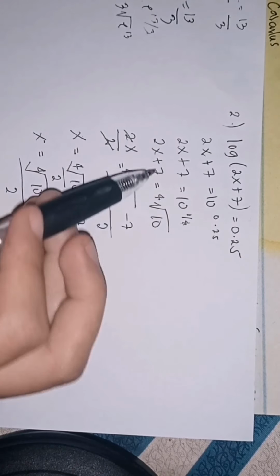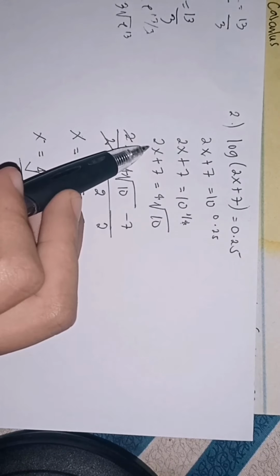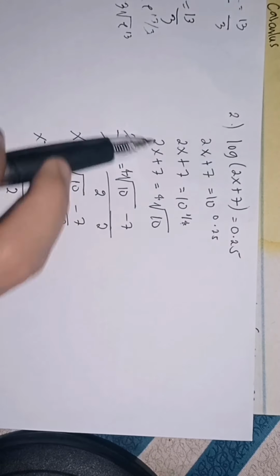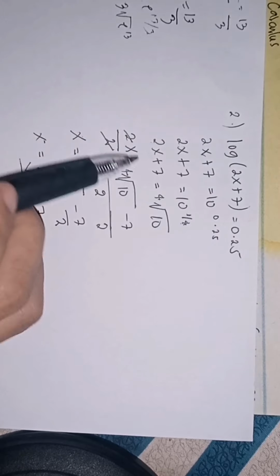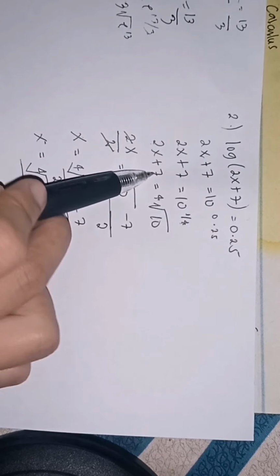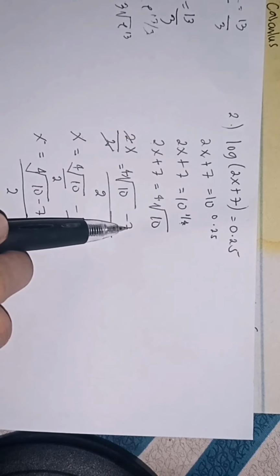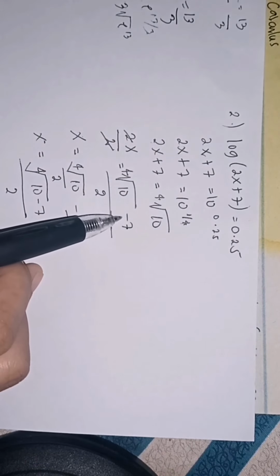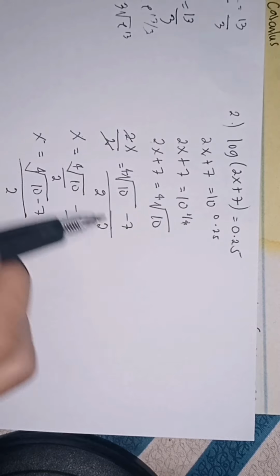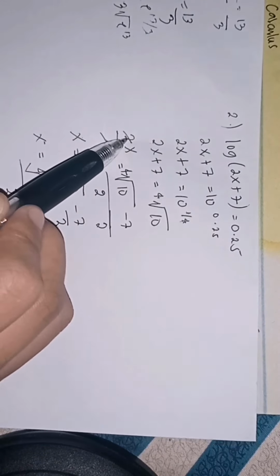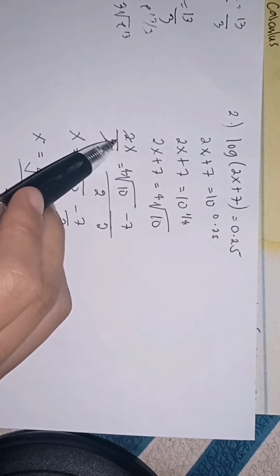Next, because there is a variable with a coefficient, we want to remove the coefficient. The positive 7 is transposed to the right side, and when transposing, the sign changes, so it becomes negative 7. In order to get rid of the coefficient, we must divide both sides by 2.